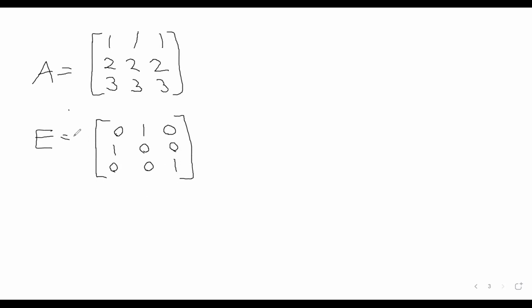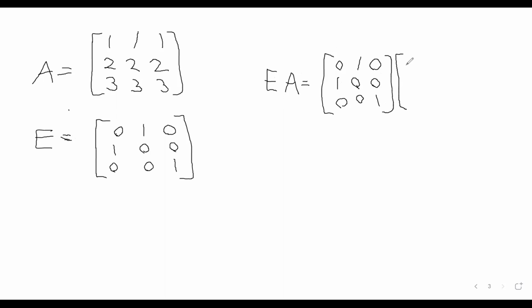So that's E. This is an elementary matrix because I just switched the first and second rows of I sub 3. If you look at EA, if you multiply E times A, 0, 1, 0, 1, 0, 0, 0, 0, 1 times that matrix A, let's see what you get.